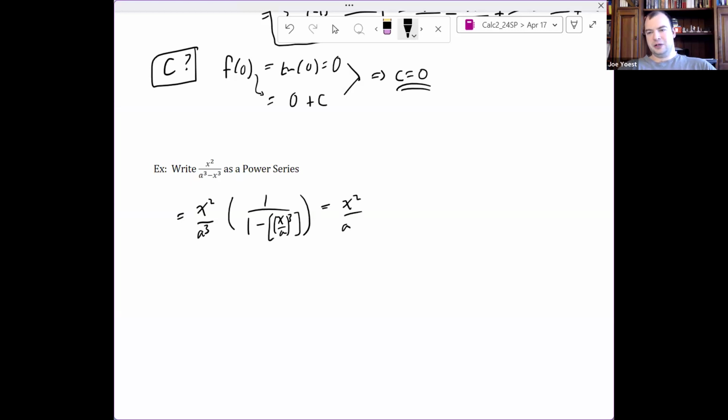Or this is x squared over a cubed times the sum n equals 0 to infinity of this stuff to the n, or x over a to the 3n. We know this converges if and only if the ratio is in open minus 1 to 1, or that turns out to be if x is in minus a to a.